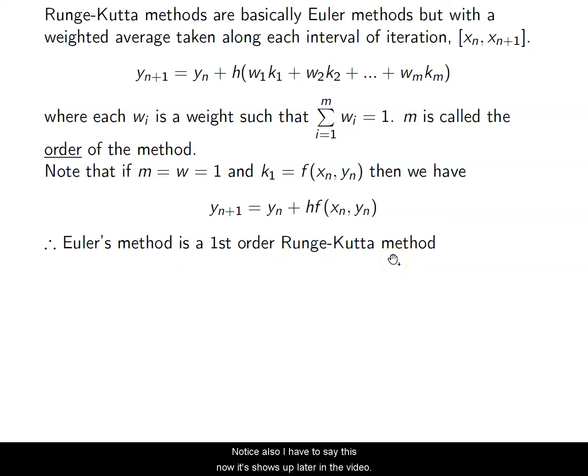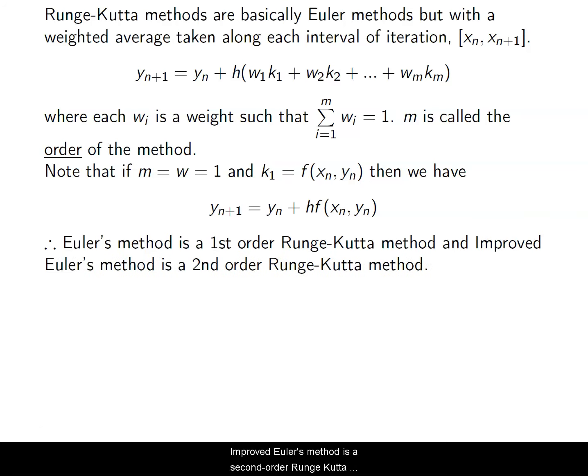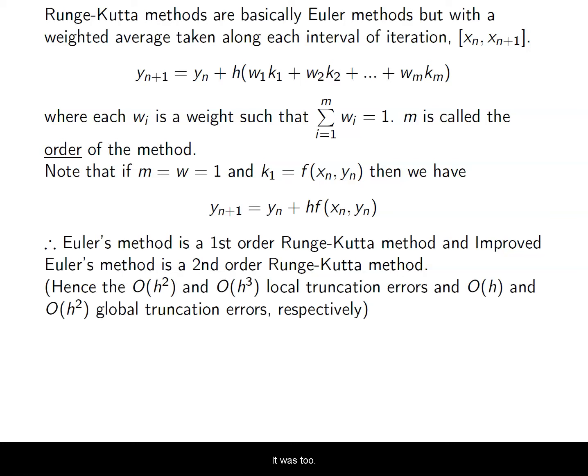I'll say this now, though it shows up later in the video: remember what the global big O value was for Euler's. It was 1. Improved Euler's method is a second order Runge-Kutta method. Do you remember its big O value for global truncation error? It was 2. See a pattern coming?